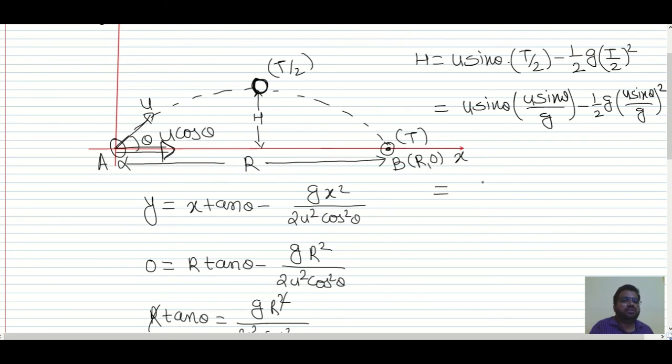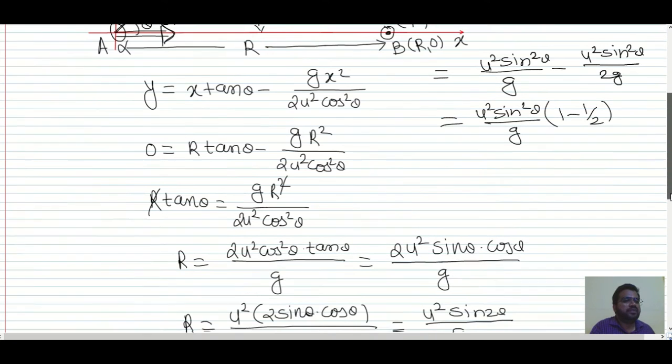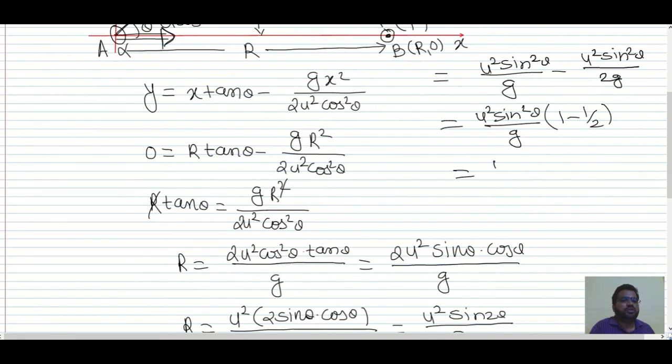Which is equal to u squared sin squared theta divided by g minus u squared sin squared theta divided by 2g. So if you solve this, take u squared sin squared theta divided by g common, 1 minus 1 by 2, you will get u squared sin squared theta divided by 2g. So this is the maximum height which we have.